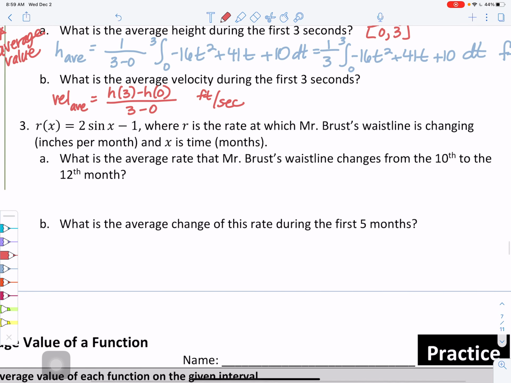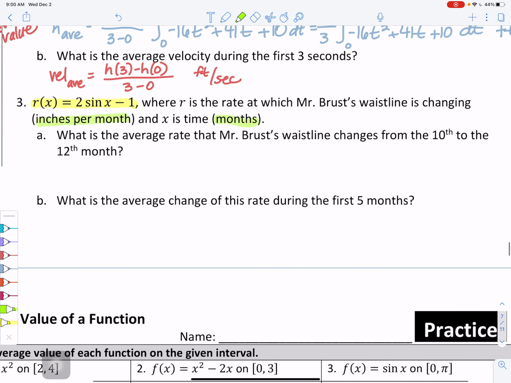Okay. So we're going to go ahead and look at this next problem. And we see that r of x is equal to 2 sine of x minus 1, and r is the rate at which this gentleman's waistline is changing in inches per month, and x is time in months.